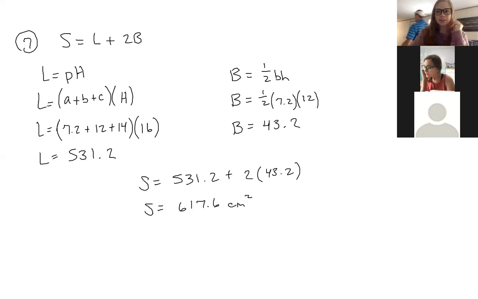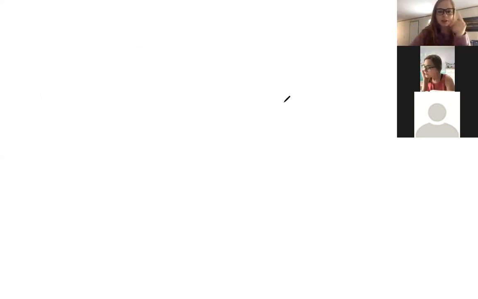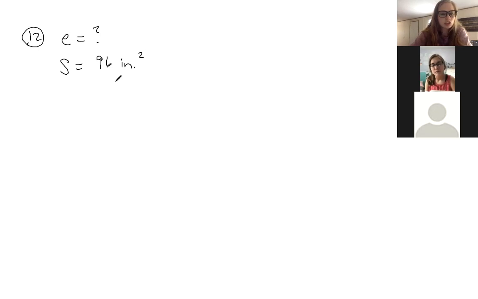All right, let's do a couple more. We did number 10 in class yesterday. Let's look at number 12 then. Find the length of an edge. So remember, edge is represented as E, and we're dealing with a cube. They give us the surface area as 96 square inches.